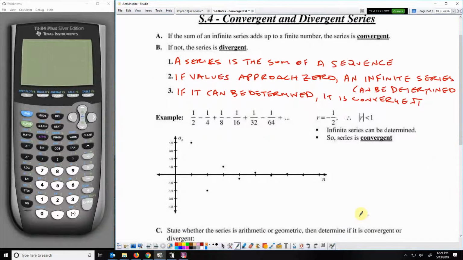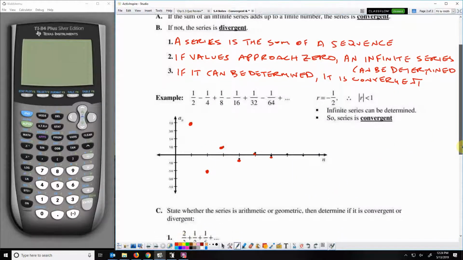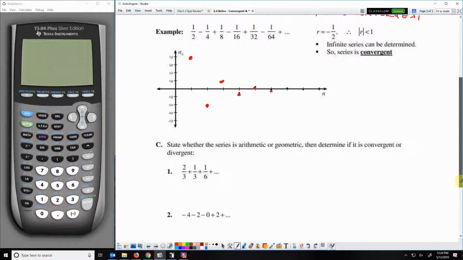So we can see that these terms, 1/2, 1/4, 1/8, 1/16, 1/32, 1/64, I forgot to say negatives on these 3, but they are getting closer and closer to 0, which means that this series will converge on a particular finite sum, so it is called convergent.